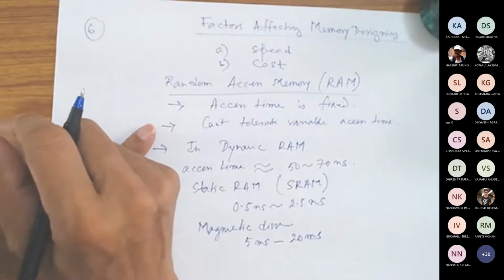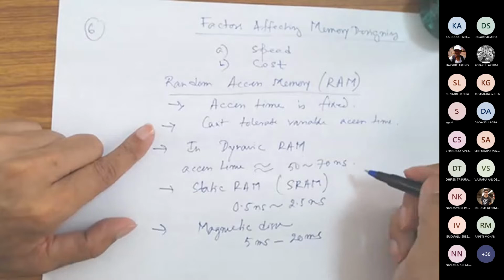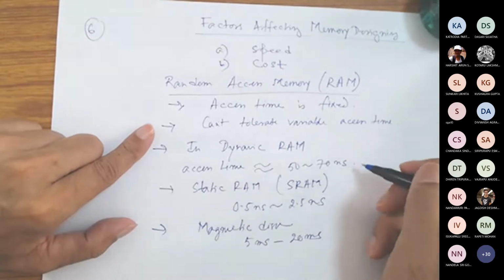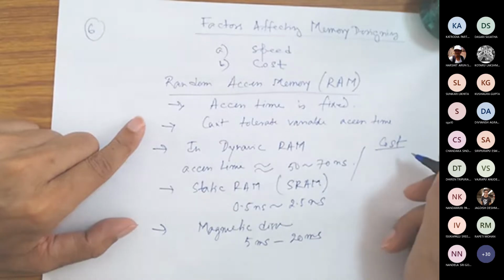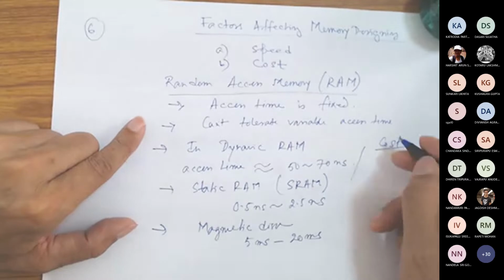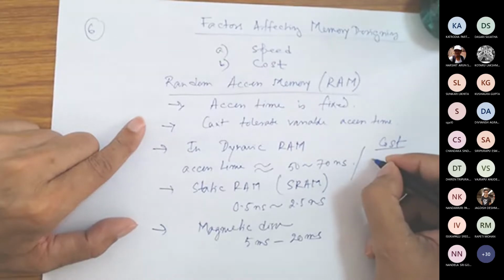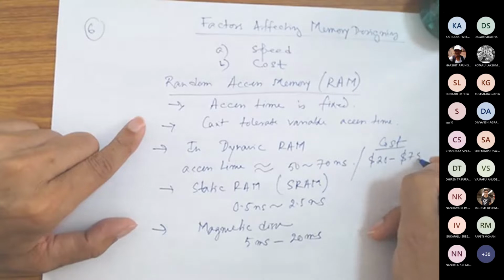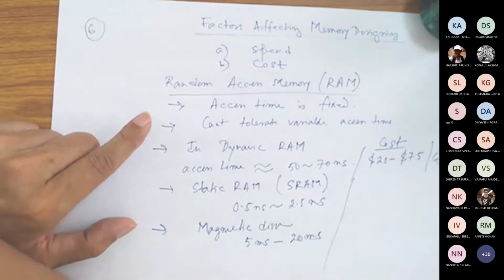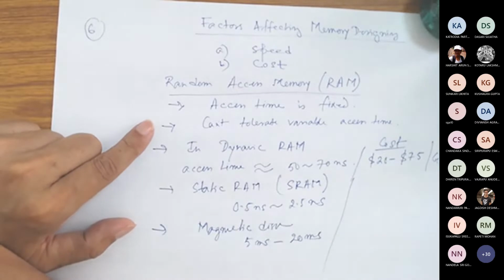Now, if you look into the cost, these values may be slightly older, but they can be scaled accordingly. The DRAM cost comes approximately, in terms of US dollars, and again these are conservative values based on maybe 5-10 years back, $20 to $75 per gigabyte. It may not be that much these days; it has come down even further.